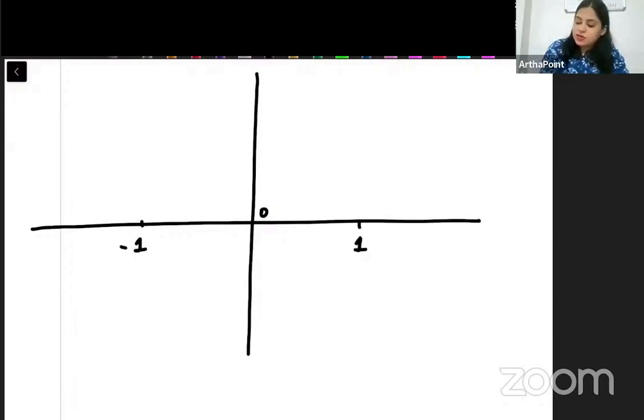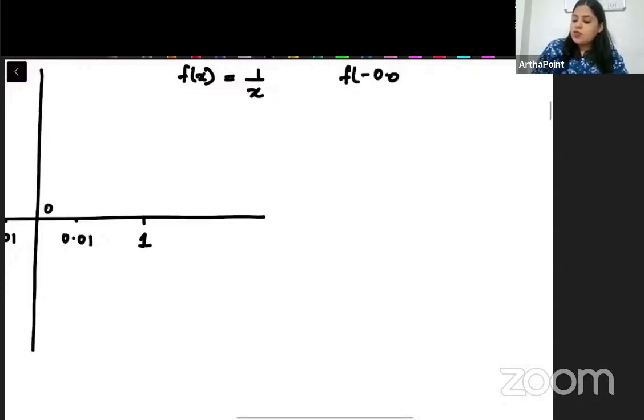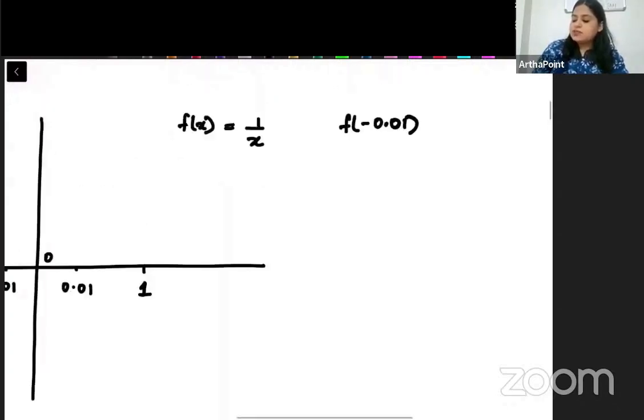So let's take the values 0.01 negative and 0.01 positive. My function was 1 by x. So when I take negative 0.01, I will get 1 upon minus this, so minus that.